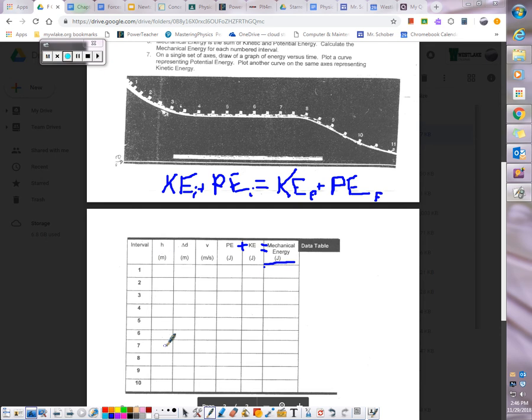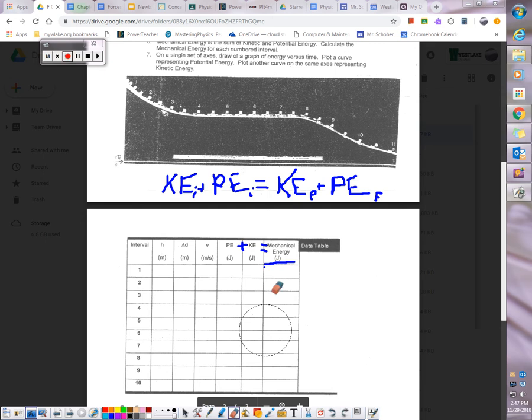So now we know how to calculate each and every column. Height we measure, delta D we measure, V is calculated, potential energy is mass times gravity times height, kinetic energy is 1/2 mv squared, and mechanical energy is PE plus KE.